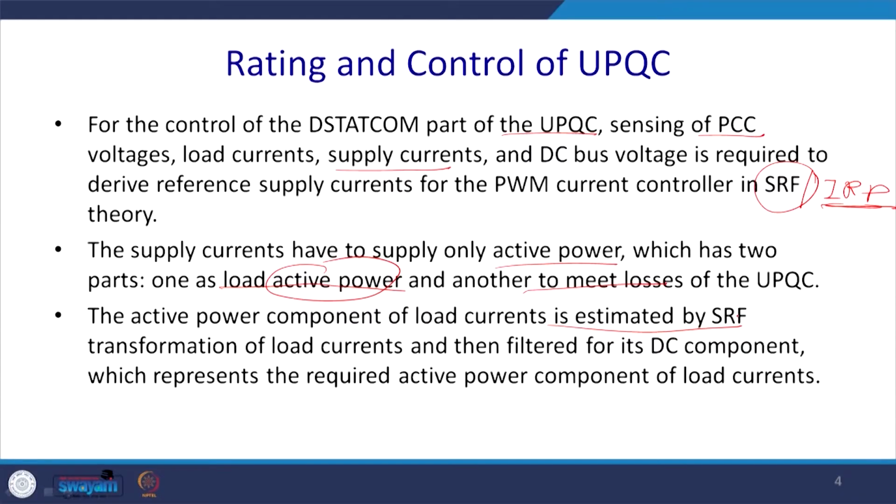The active power component of the load current is estimated by SRF or instantaneous reactive power theory. We shall discuss in detail the SRF transformation of the load current, which is then filtered for its DC component, which represents the required active power component of the load current.